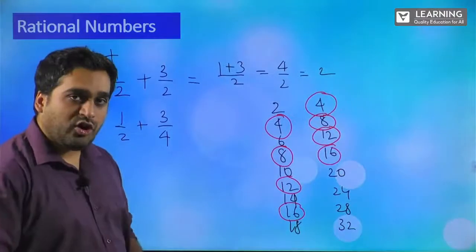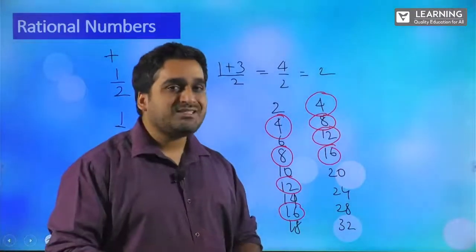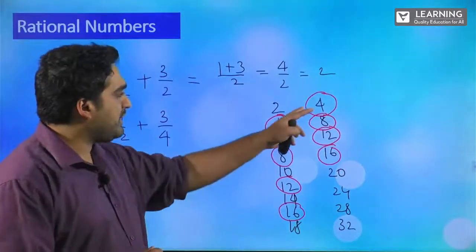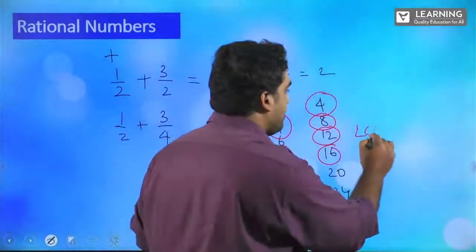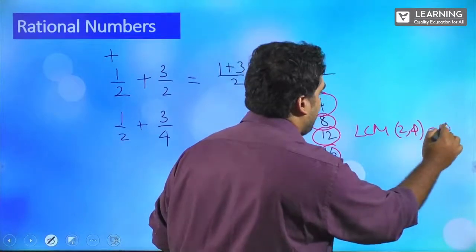Among these common multiples, which is the least common multiple? The least common multiple is 4. Therefore, the LCM of 2 and 4 is 4.